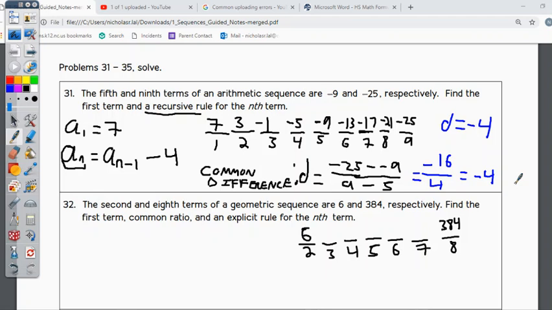Do you add? Do you subtract? Do you multiply? Do you divide? What is the property of a geometric sequence? What happens to each consecutive term of a geometric sequence?